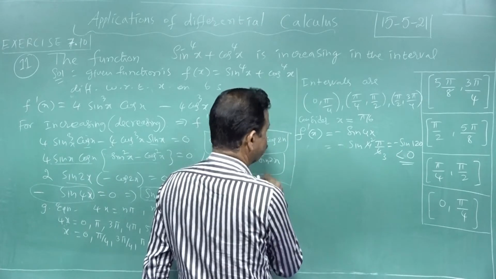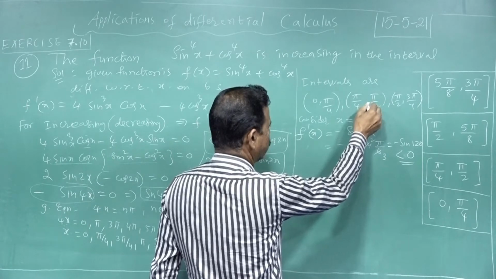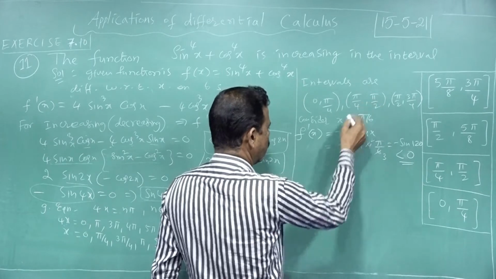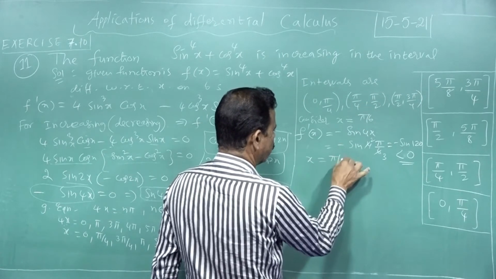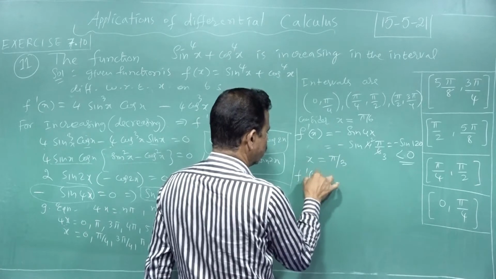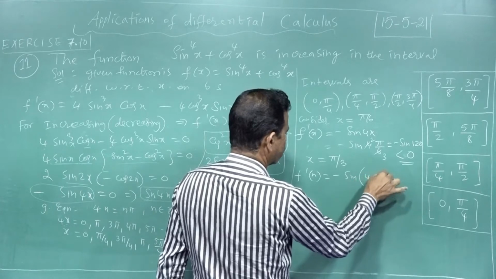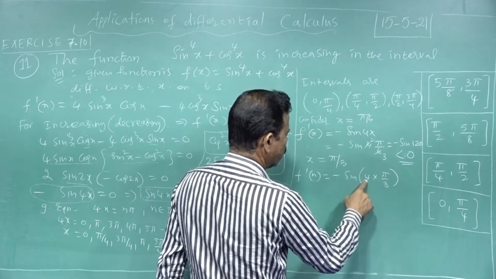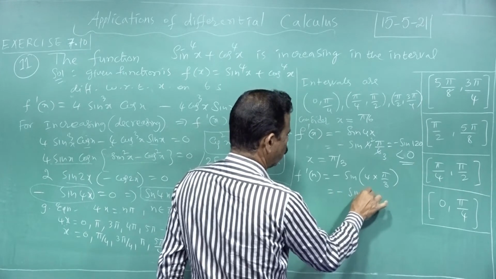Next, another interval: between π/4 (45 degrees) and π/2 (90 degrees), take any value. Consider x equals π/3, which is 60 degrees. Substituting in f'(x), minus sin of 4 times π/3, that is 60 times 4 equals 240, minus sin 240.